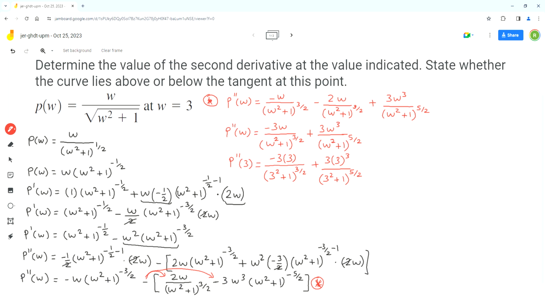In the denominator, 3 squared is equal to 9 and 9 plus 1 is 10. In the numerator, in the first term, negative 3 times 3 is negative 9. And in the second term, 3 cubed is 27 and 27 times 3 is 81. And in the denominator, 3 squared is 9, 9 plus 1 is 10.